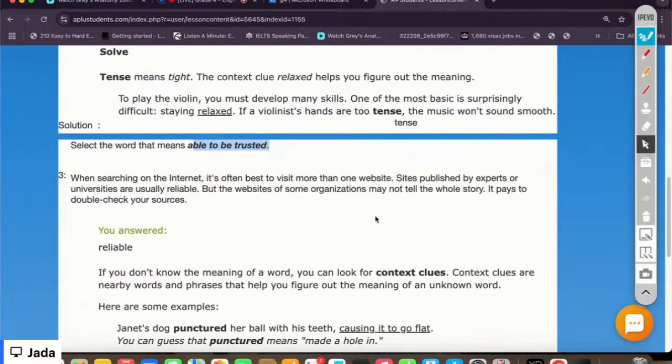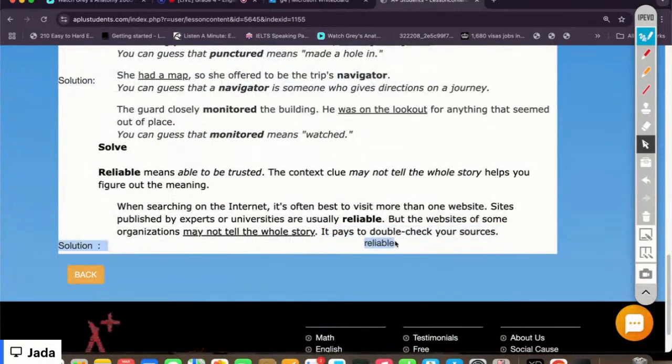Sites published by experts or university are usually reliable, but the website of some organization may not tell the whole story. It pays to double check your sources. So able to be trusted, it will be what's reliable. That is the meaning of able to be trusted in that sentence.